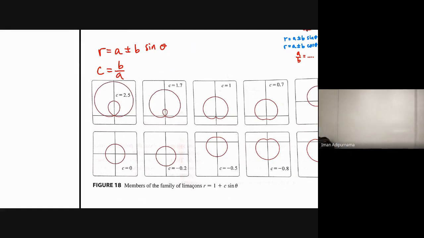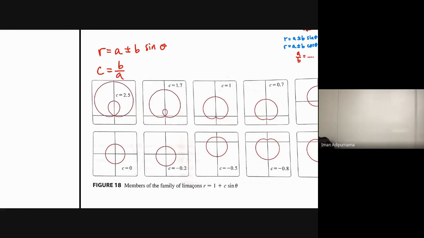So start from here. If you have C equal to 2.5, meaning B is greater than A, you will have the inner loop. We call it the limaçon with inner loop.